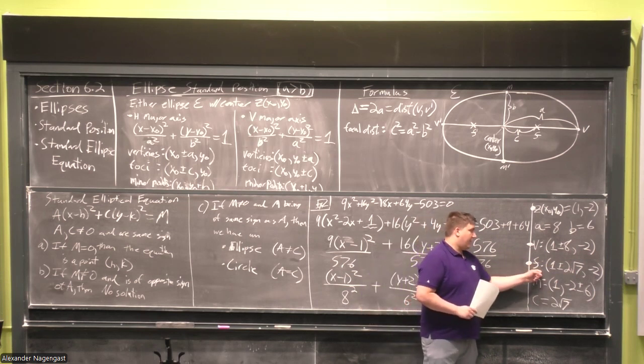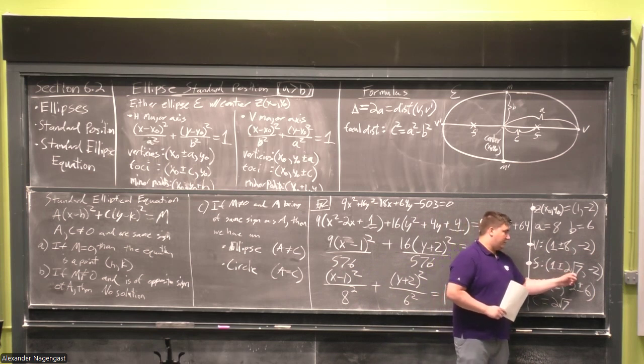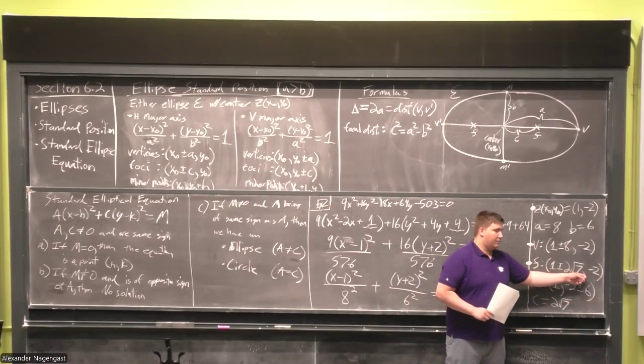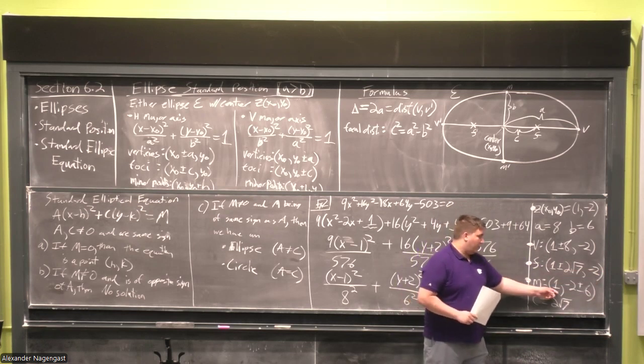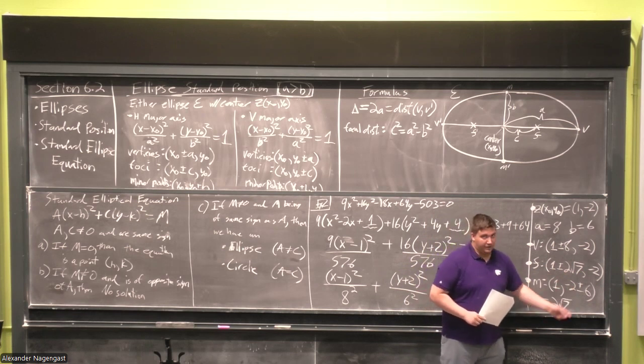Similarly, we have the foci being at 1 plus 2 square root 7, comma, negative 2, and 1 minus 2 square root 7, comma, negative 2. And then our minor points are at 1, 4, and 1, negative 8.